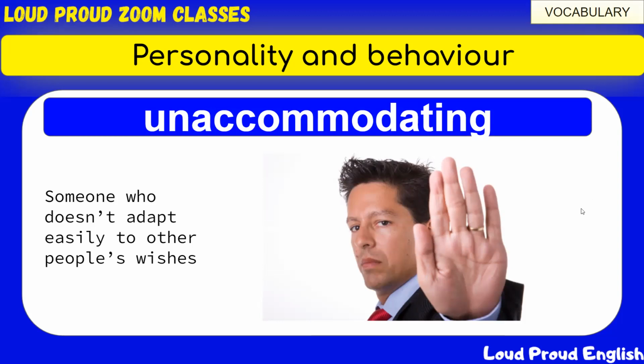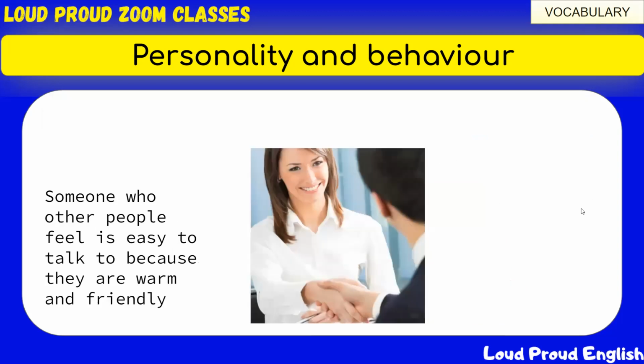Okay, so unaccommodating. Now, how about someone who is nice and warm and friendly and really easy to talk to? So we're emphasizing the easy to talk to part. You know, some people, you think it's easy to go to them and ask them something. So imagine in a company, you have a boss who is easy to go talk to.